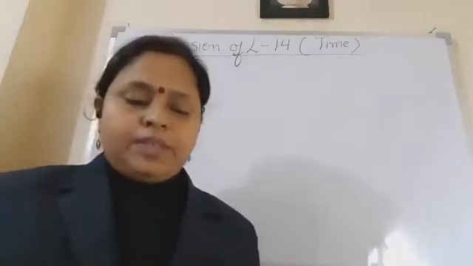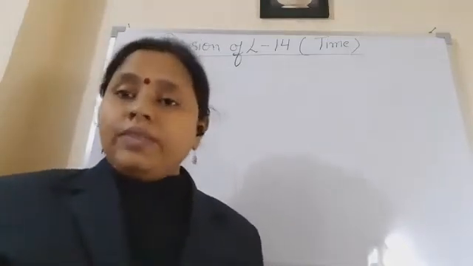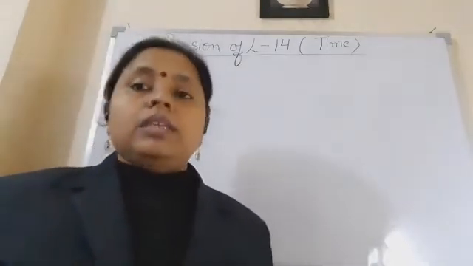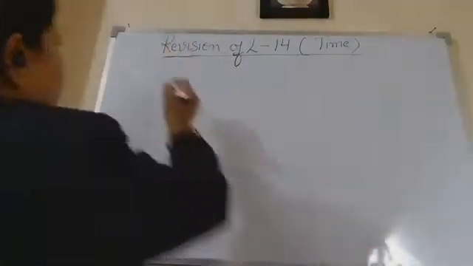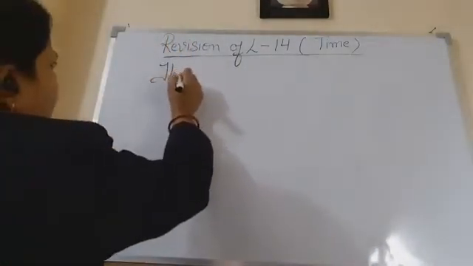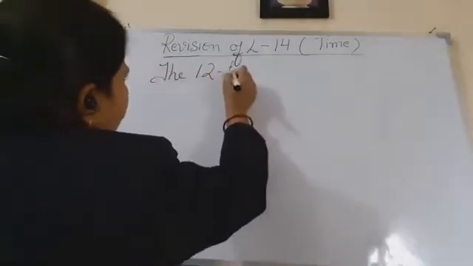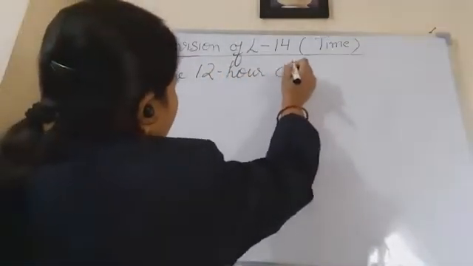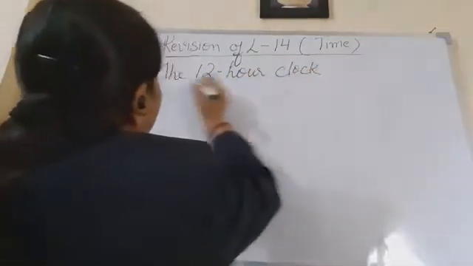in this chapter. So children, in this chapter we have learned about two types of clocks. The first one is the 12-hour clock, right?